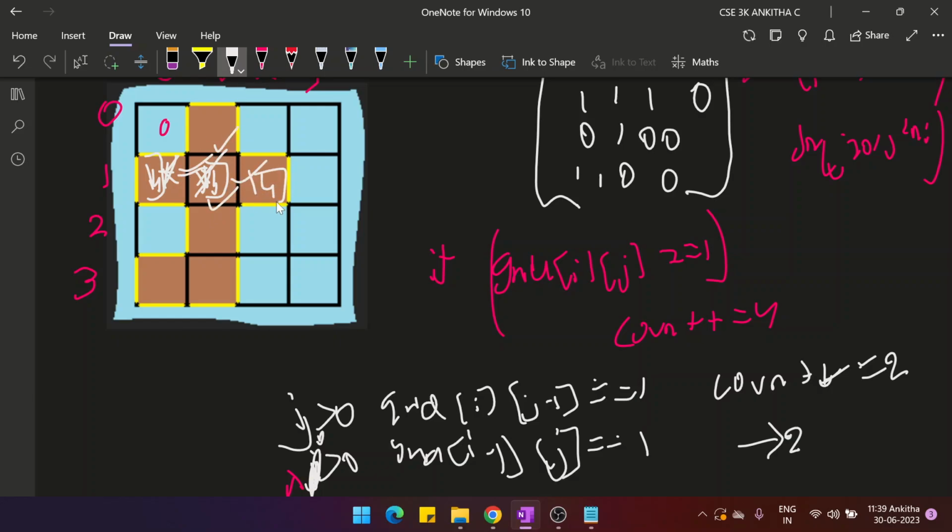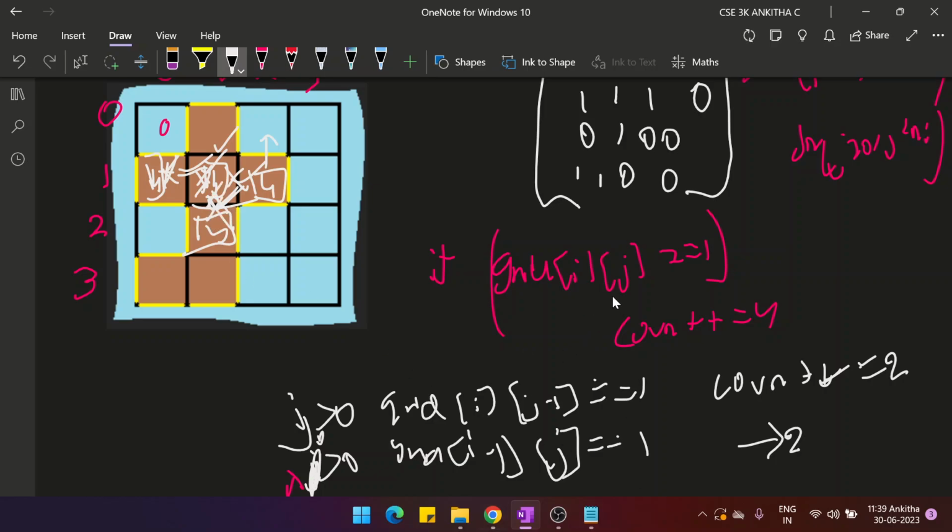So when you come to this column, you check backward of this column. Above is water, so it doesn't matter. But beyond this column is 1, so here you would increment by 4. So this will be taken into account. And for this perimeter, this side, again this box will be taken care of. Here the above row is land, so here also you subtract by 2. That is how it works.